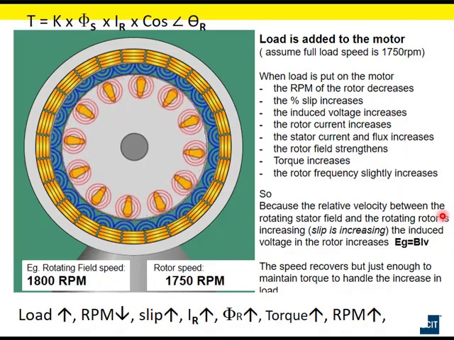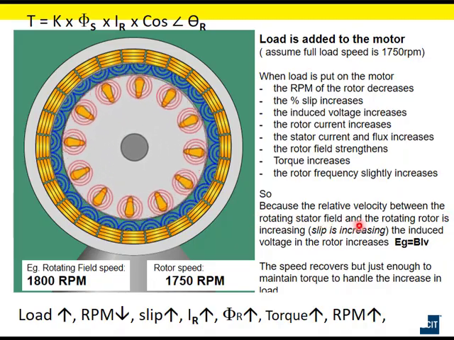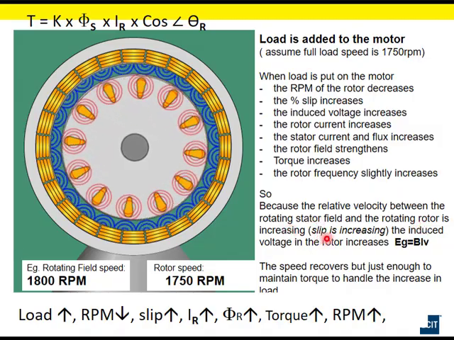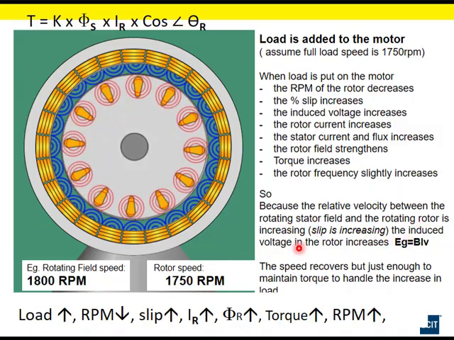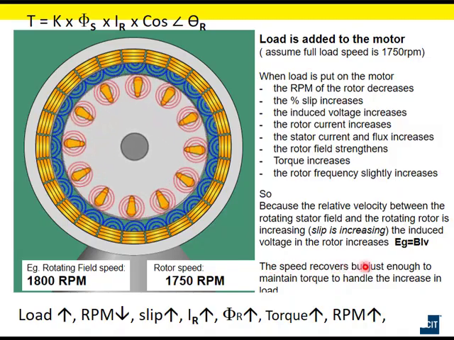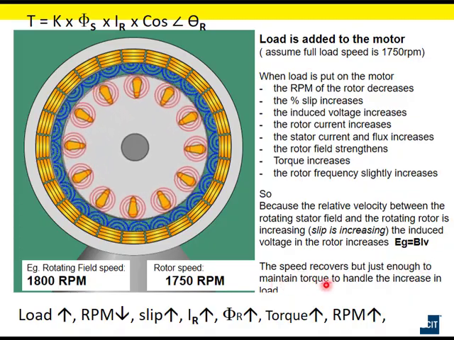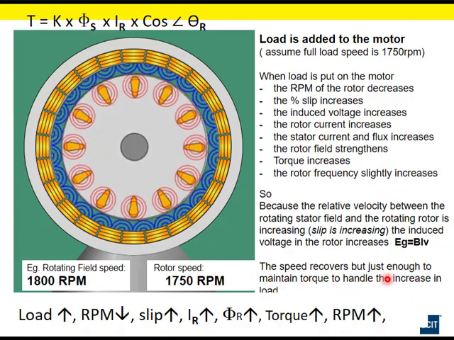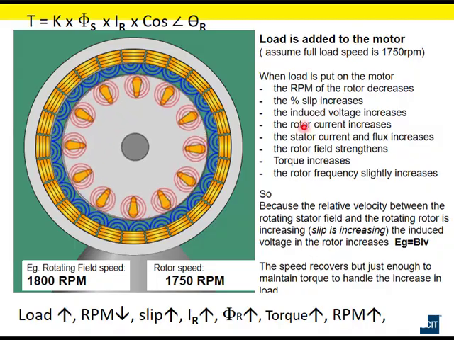Okay, so now because the relative velocity, the key point here, between the rotating stator field and the rotating rotor is increasing, slip is increasing, the induced voltage in the rotor increases. Okay, so our E generated is going to go up. Now, the speed recovers, but just enough to maintain torque to handle the increased load.